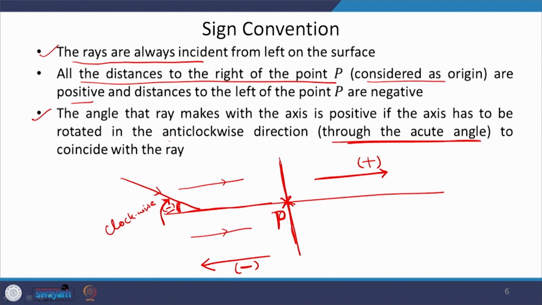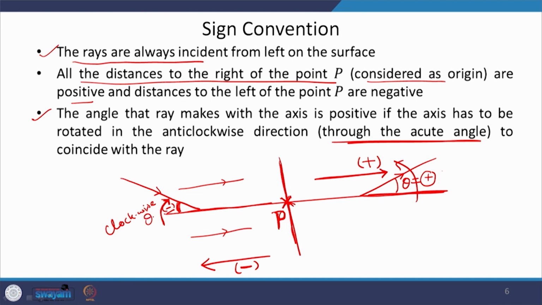Had it been an anti-clockwise rotation, like for this ray which is moving in this direction, then to coincide the principal axis with the direction of the ray, you would have to rotate it in the anti-clockwise direction through the acute angle. Of course, if this rotation is in the anti-clockwise direction, then this angle would be positive. This theta would be measured as positive here, and here theta would be negative.